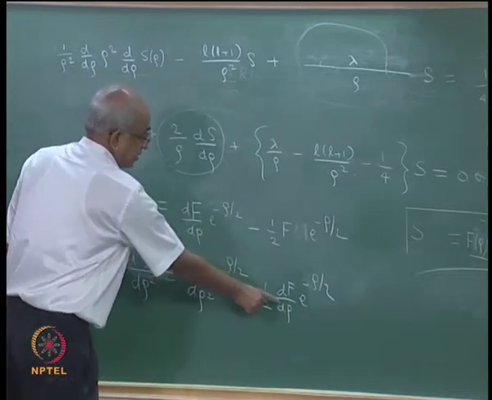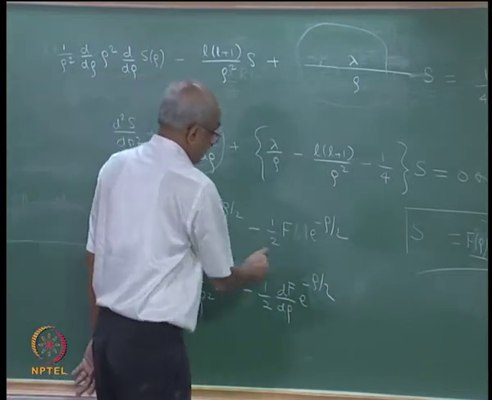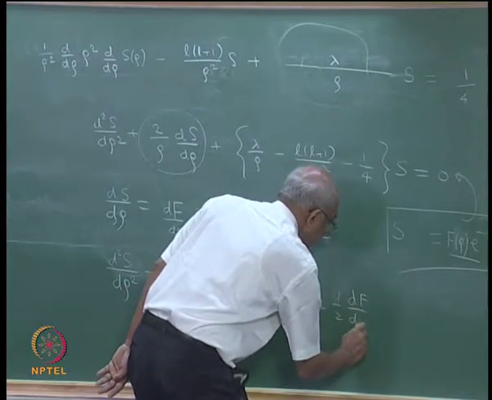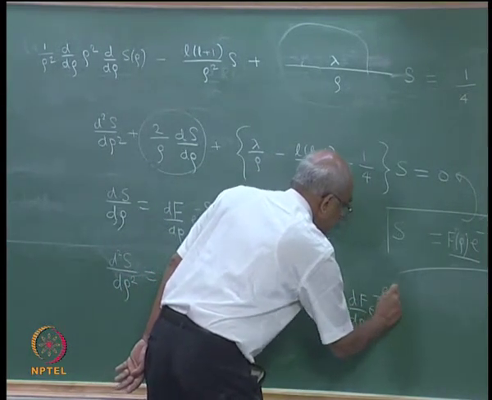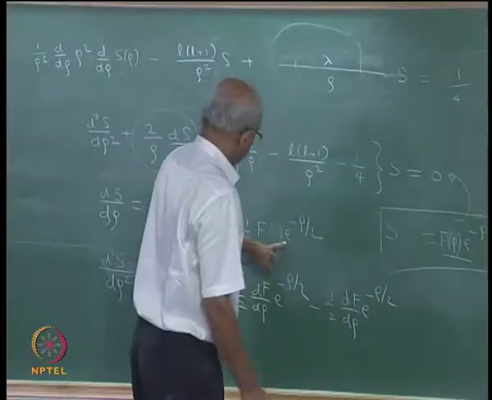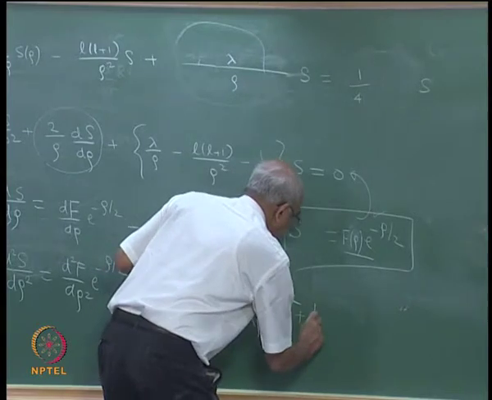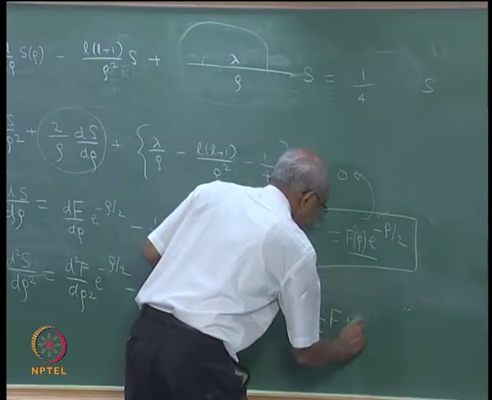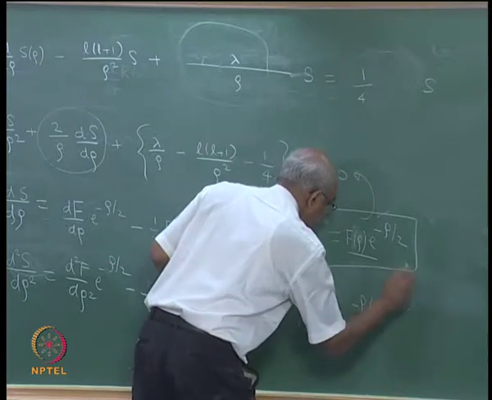So, differentiating that gives me this, then from here minus half dF by d rho once more, and finally differentiating this will give me plus 1 by 4 F e to the power of minus rho by 2.